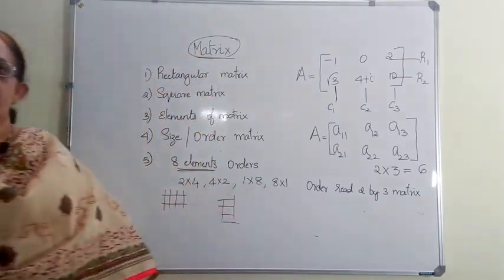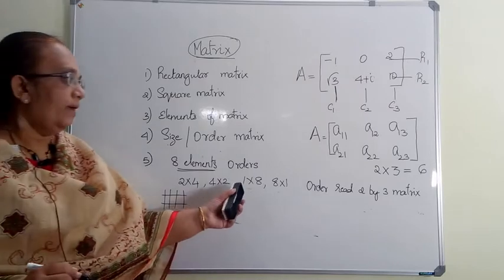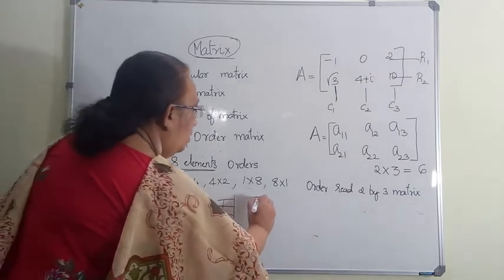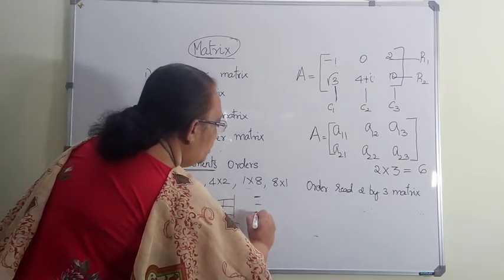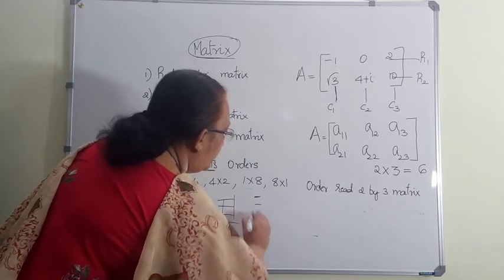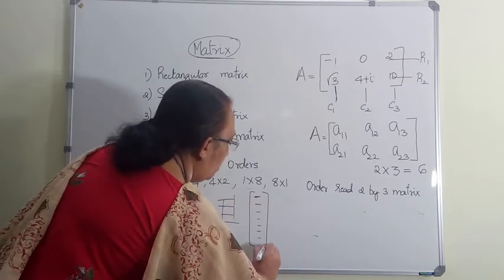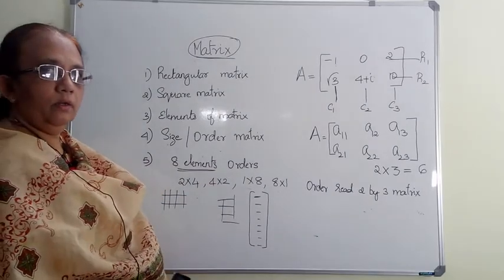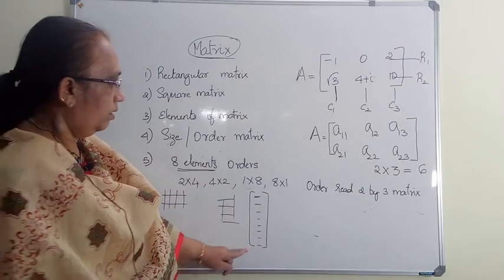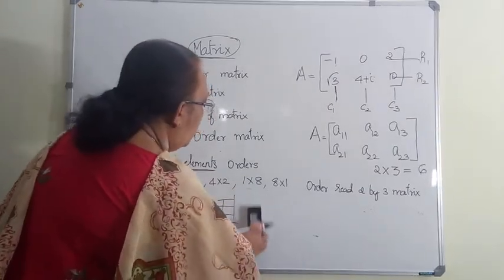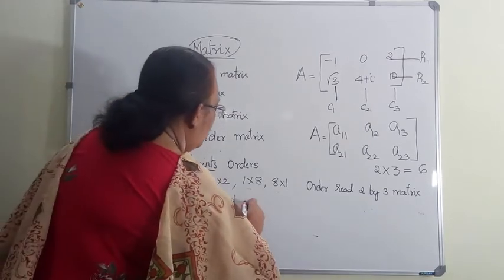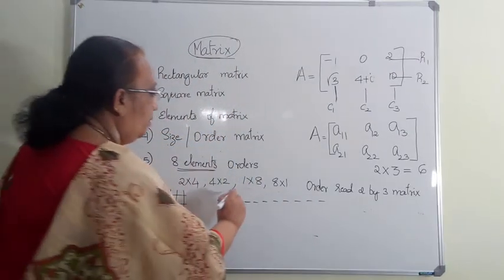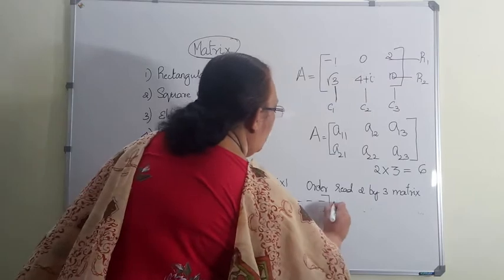What is the meaning of 1 by 8? 1 by 8 means there will be 1 row and 8 columns. 1, 2, 3, 4, 5, 6, 7, 8. So this is a matrix with 1 row and 8 columns, 1 by 8.